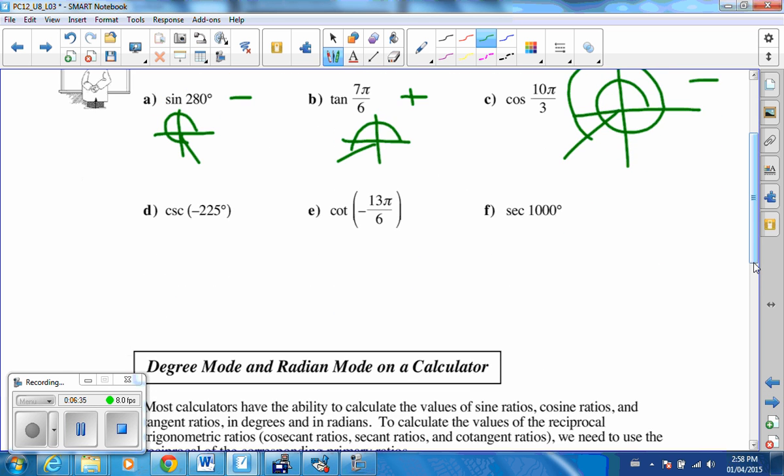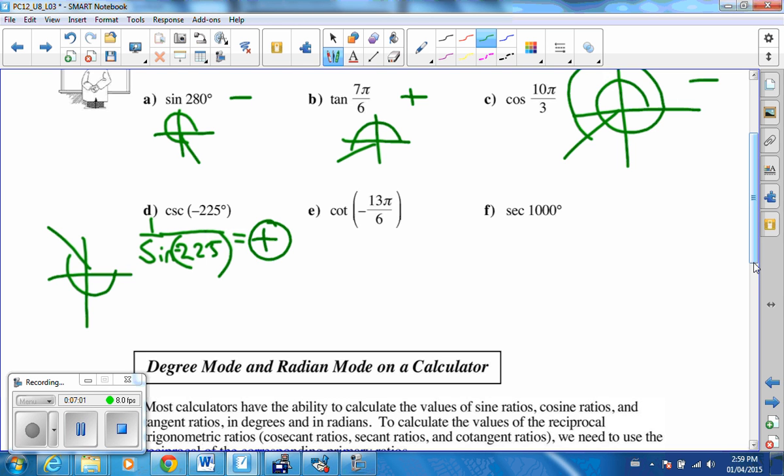Cosecant matches with sine. This is like 1 over sine of negative 225. Now, since it's just 1 over, the positive or negativeness of the thing will be the same, not changing. So negative 225 is there, and sine is positive in that region. Cotan of negative 13 pi over 6, this is going to match with tan.